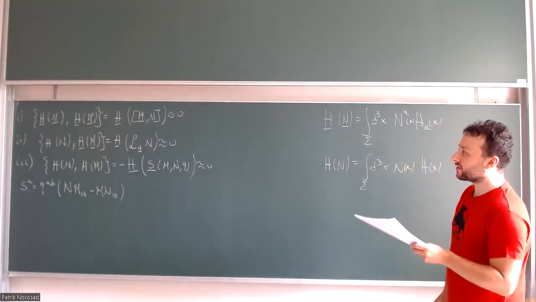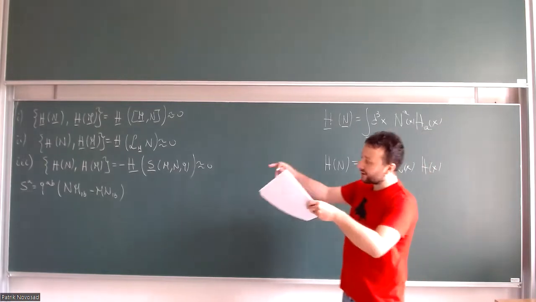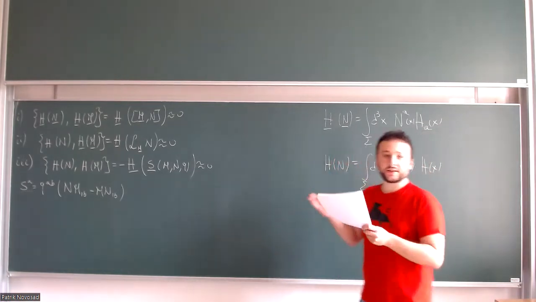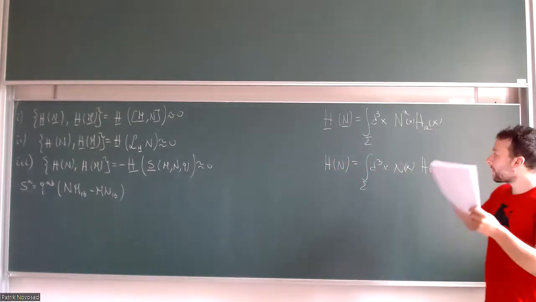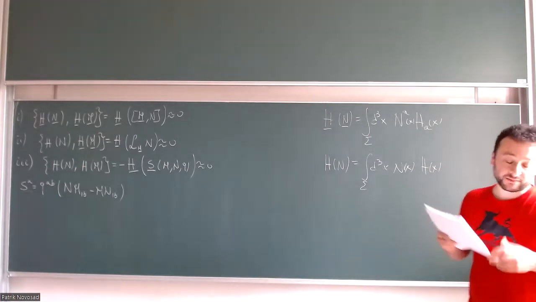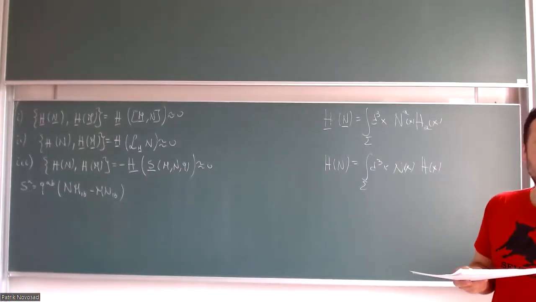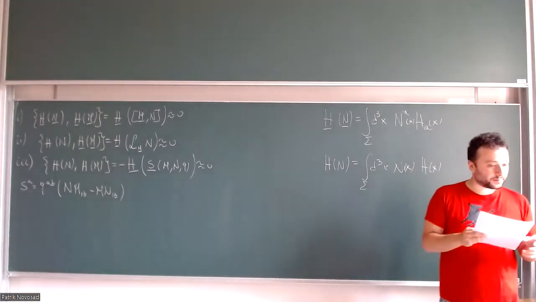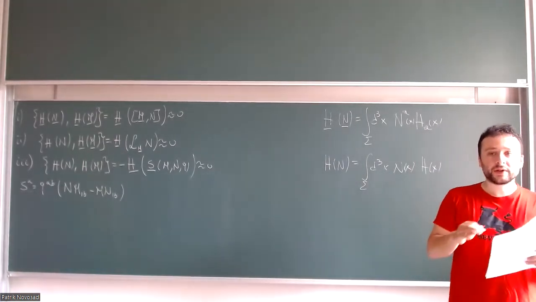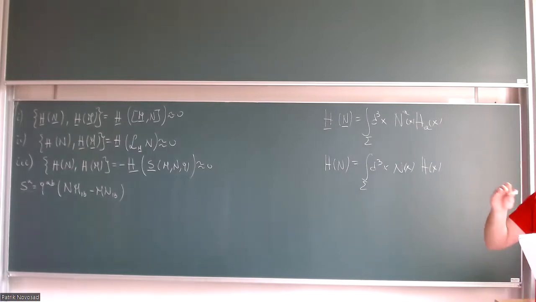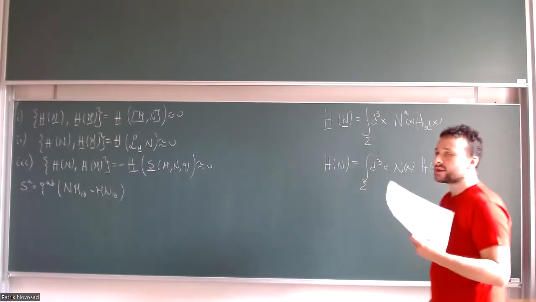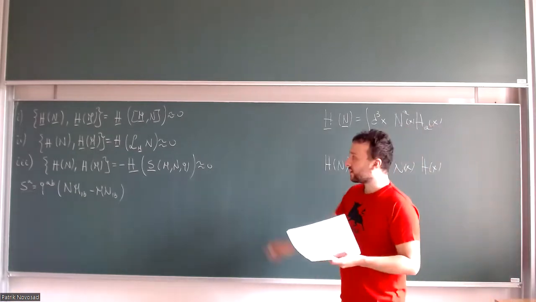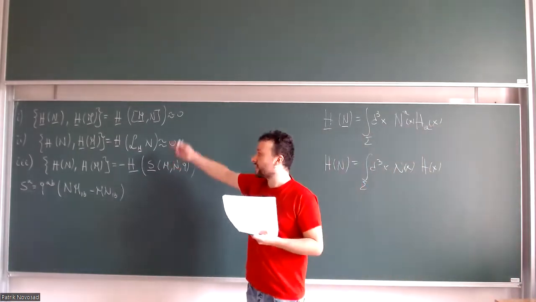Instead, the first class constraints describe a surface, a submanifold of the phase space, so that we are basically moving all around the submanifold. We have some more constraints from that.